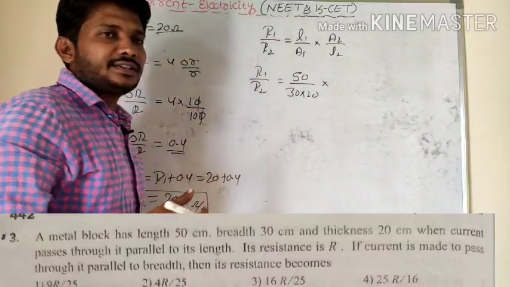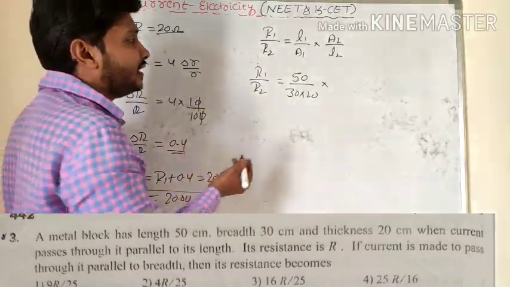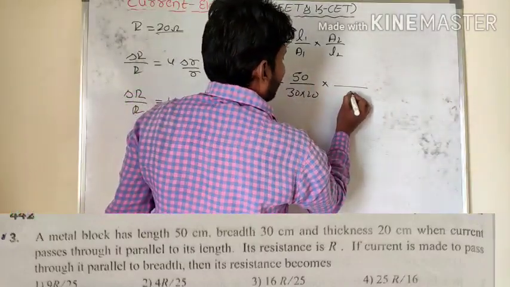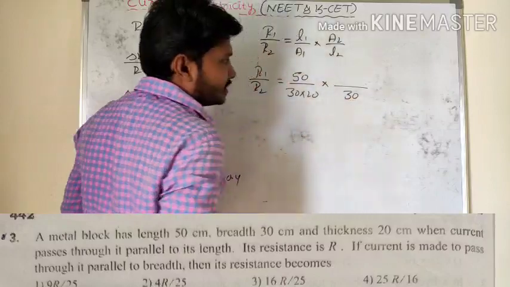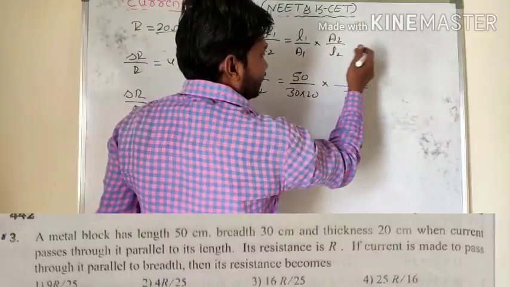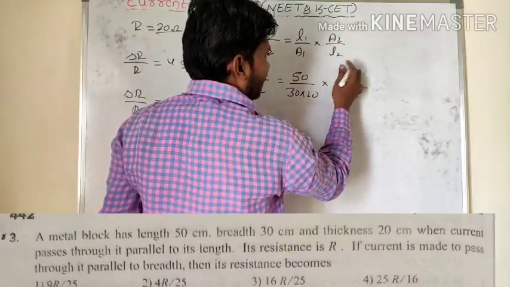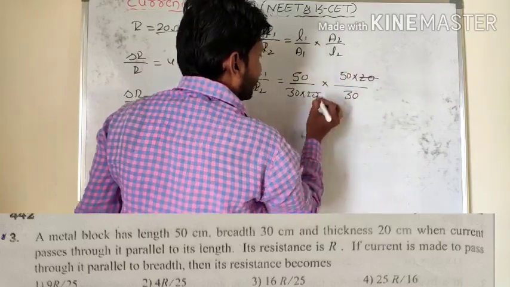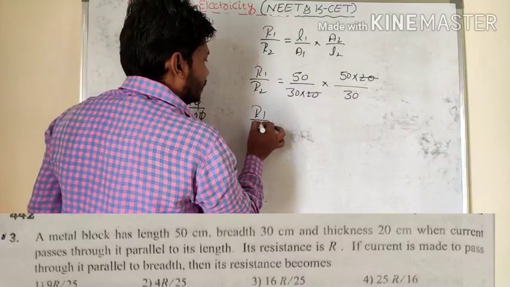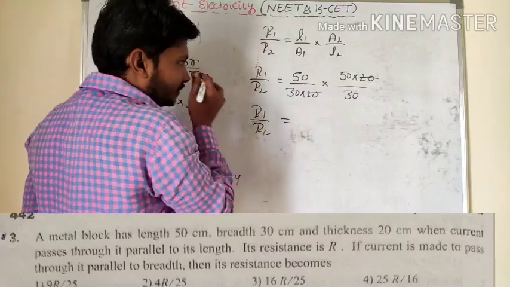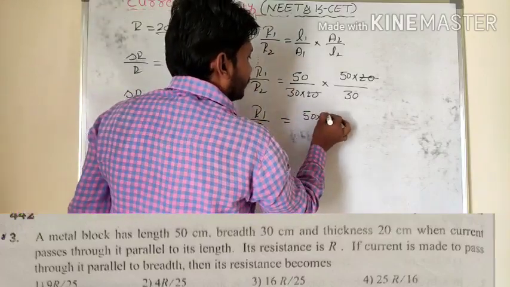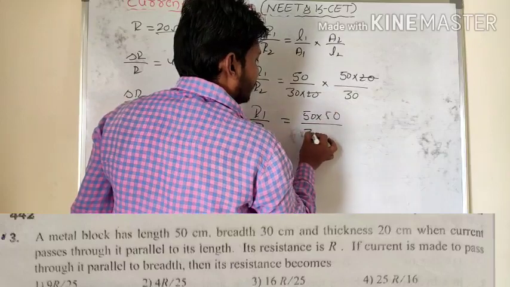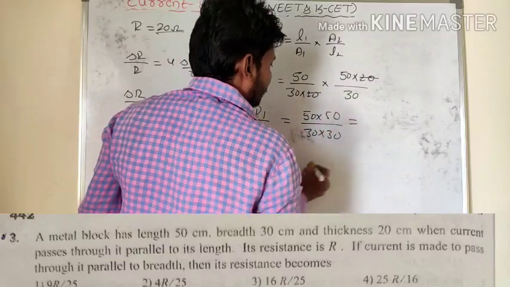In the second case, the current passes parallel to the breadth, which is 30. So the area is length into thickness, 50 into 20. This term gets cancelled out. R1 by R2 is equal to 50 into 50 divided by 30 into 30.